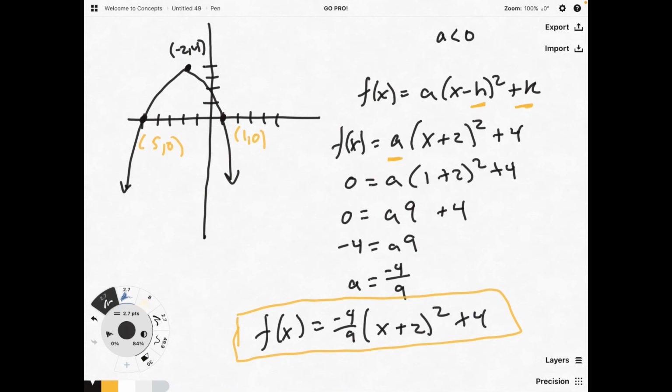We see here that the vertex, again, would be -2, 4, which is what we show here, and that's shown in the graph. And then next we see that it's also opening downward, which we can map to our a value because that's negative and less than 0. Also, we know that it passes the point 1, 0, and if we want to, we can also plug in that point negative 5, 0 and see that it passes through also.